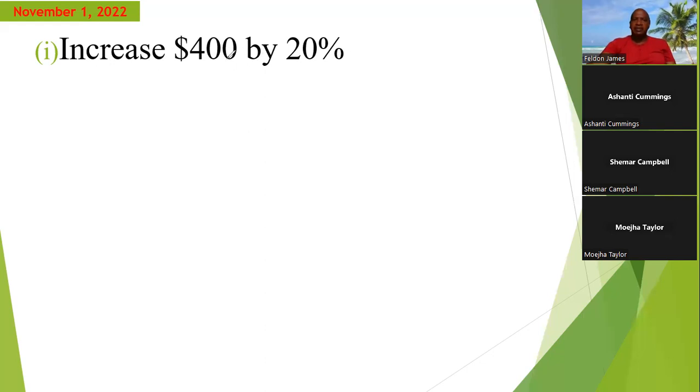You must increase $400 by 20%. So in order to increase 400 by 20%, it means that you need to find the percentage increase.